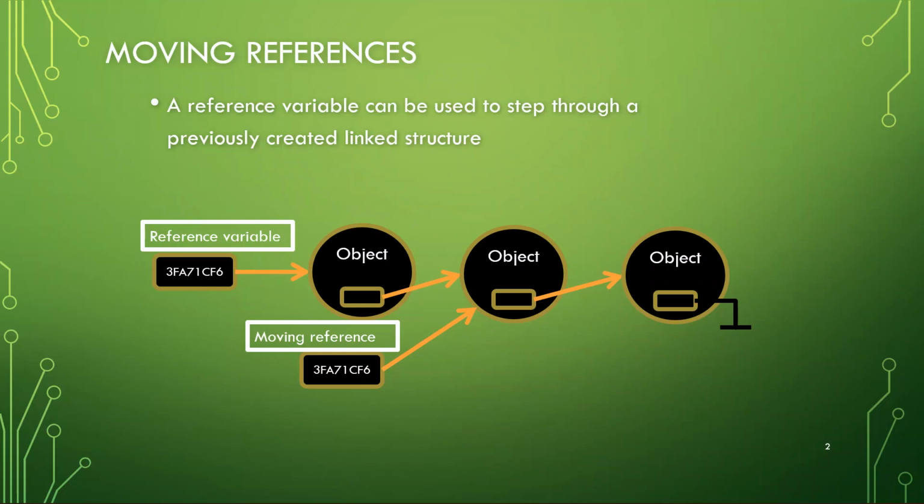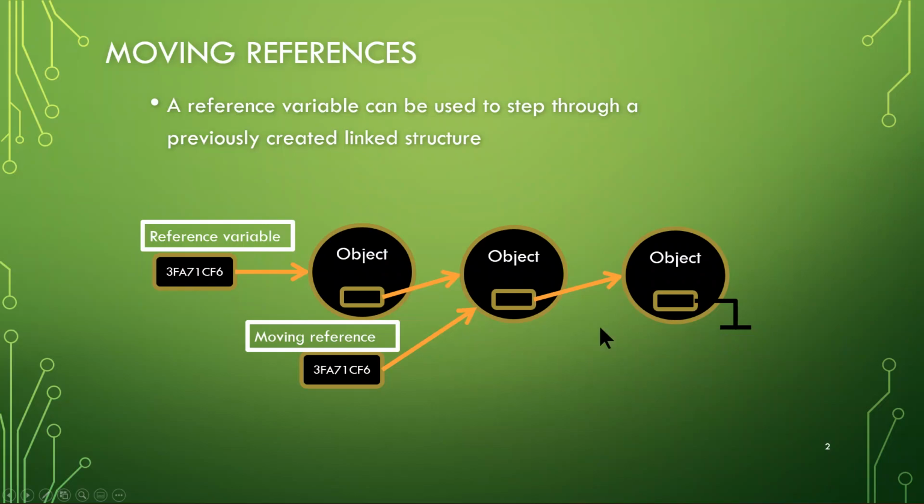So a moving reference is a reference variable, or object reference variable, that can be used to step through a previously created structure. Generally you'll always have some kind of beginning reference that holds a link to the start of the list or some component within the list. That will go to the first node, and then this next node will link to the one after it, and then the one after it, until we reach the end with null.